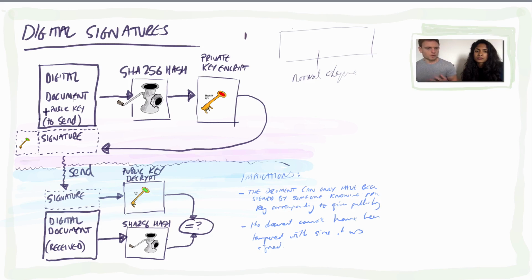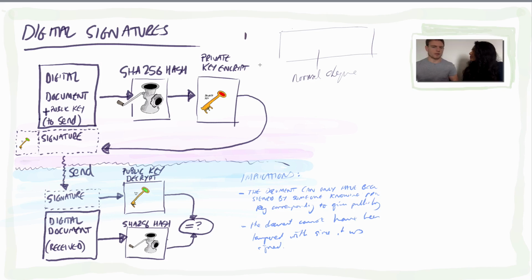If I want to create a digital signature for a document, and I'll show you a very detailed example on the terminal, first of all I'm going to hash it. Then I private key encrypt the hash. There's one other minor detail, in case anybody wants to pick me up on this: with public-private key encryption, there's a maximum message size that you can encrypt.